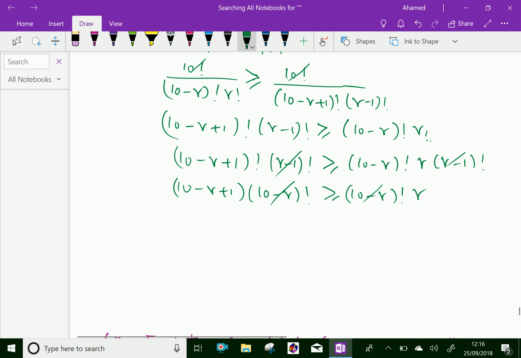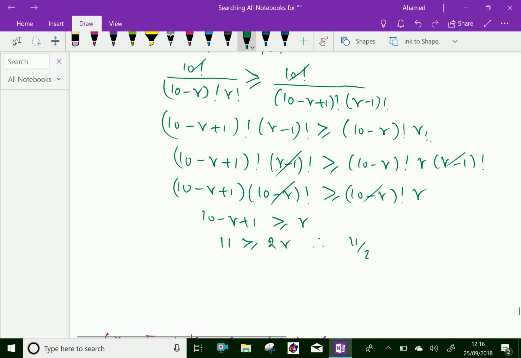We get 10 minus r plus 1 is greater than or equal to r. Therefore 11 is greater than or equal to 2r. Therefore r is less than or equal to 11 by 2.